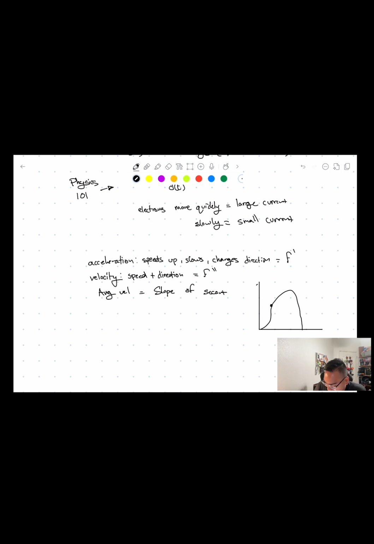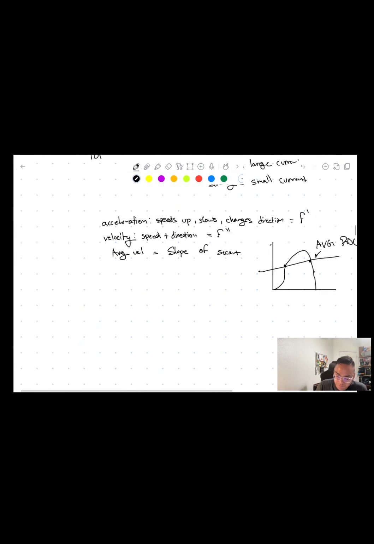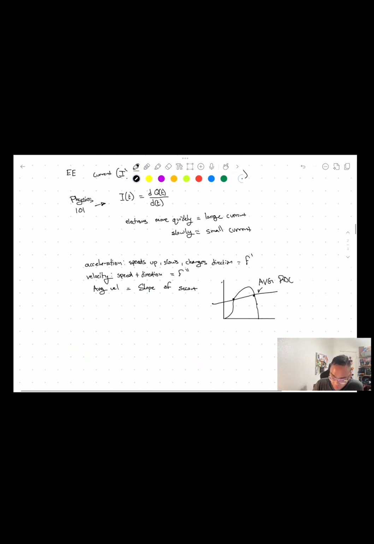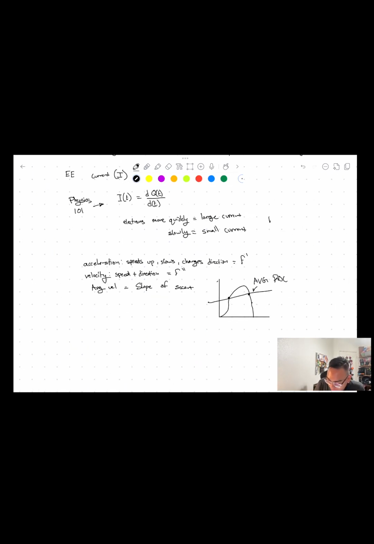It's basically just going to be 2 points, say this and this, and this is going to be the slope, and this is going to be your average rate of change. This is important because in physics, this is going to teach us how capacitors and inductors work.